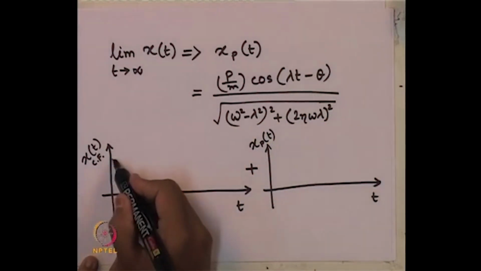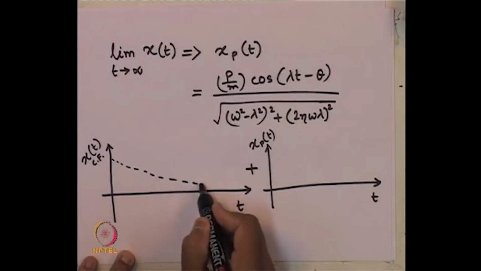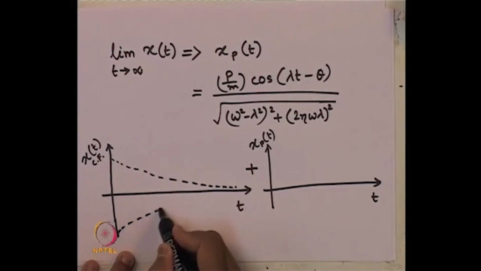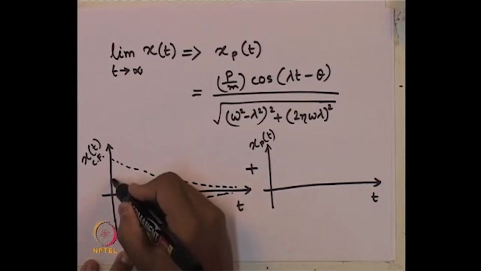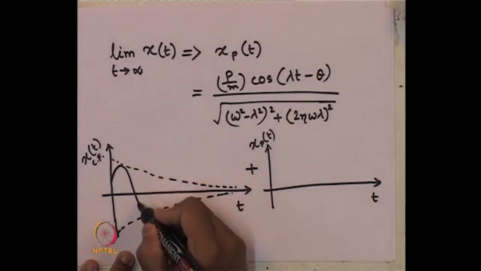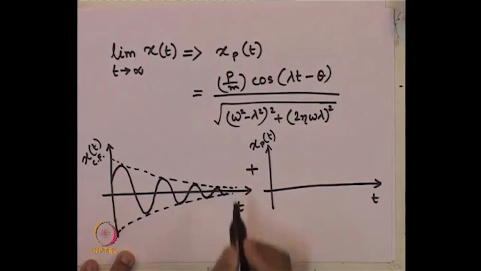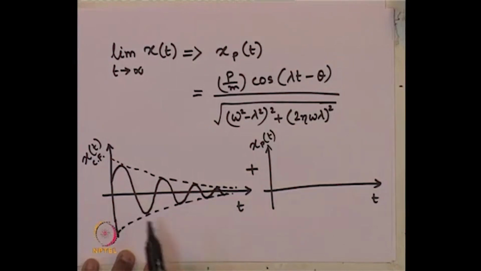The complementary function is similar to our case of underdamped free vibration, that is, it oscillates with a harmonic function, but with a decay because of the presence of the exponential decay function.